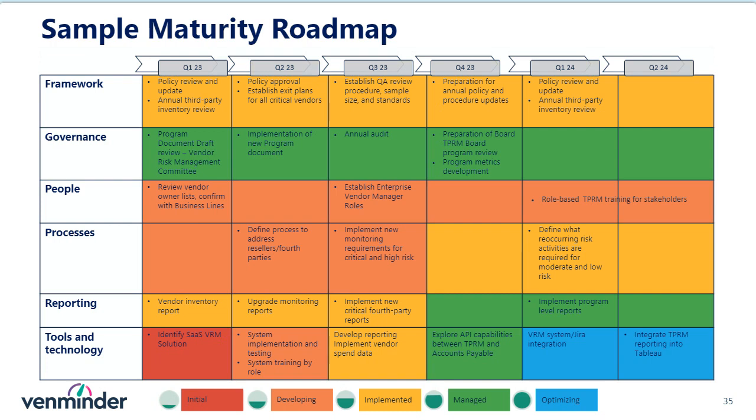The finance manager came back and said, no, because didn't we just implement that big system last year? Well, we did, but that was only part of what we needed to accomplish to get the whole program to a managed state. So for somebody who was not directly involved in vendor risk management, they really had no idea about all the components and all the levers we need to pull just to make the process work efficiently.